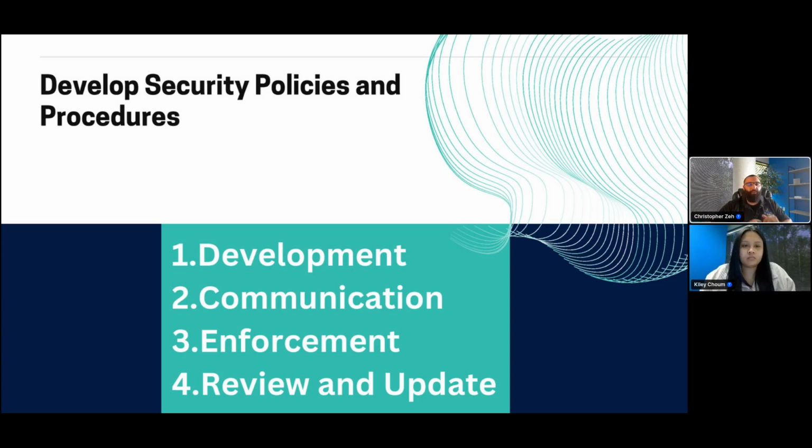And then the big one, review and update. We've said this in this office a lot, but review and update, because technology is ever evolving. New tech always comes out. AI is a huge one.